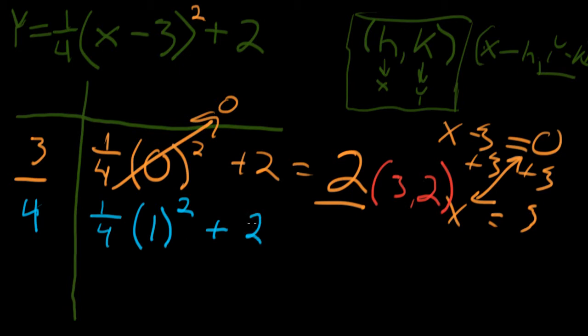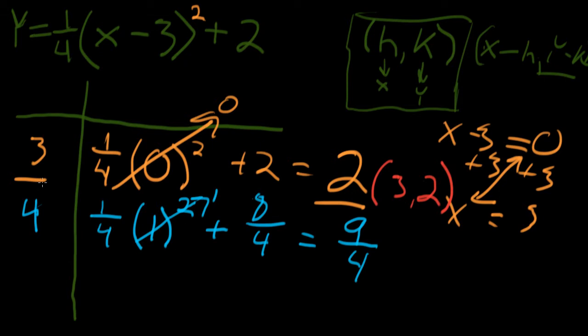Well, 2, I might as well say, is 8/4, and that equals 9/4, because 1 squared is 1. So 1 times a quarter is a quarter. 1/4 plus 8/4 is 9/4.